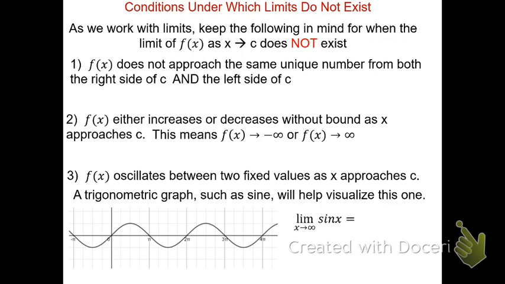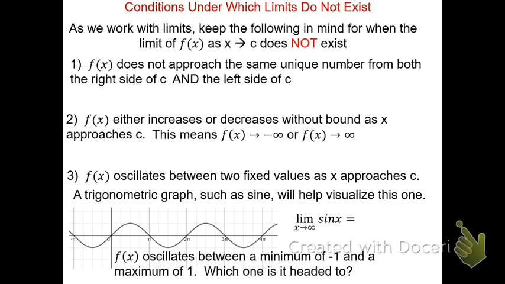As x approaches positive infinity, well, this graph is bounded. It's bouncing between its maximum and its min. It's going as high as 1 and as low as -1. So which one is it actually headed to? Is it headed to the positive one or the negative one? And that's why the limit doesn't exist. It's going between 2 numbers. So if it's oscillating between 2 values, that's an example where the limit does not exist.